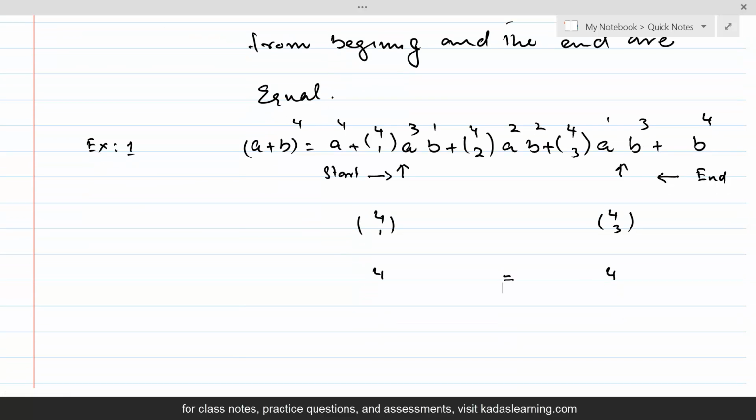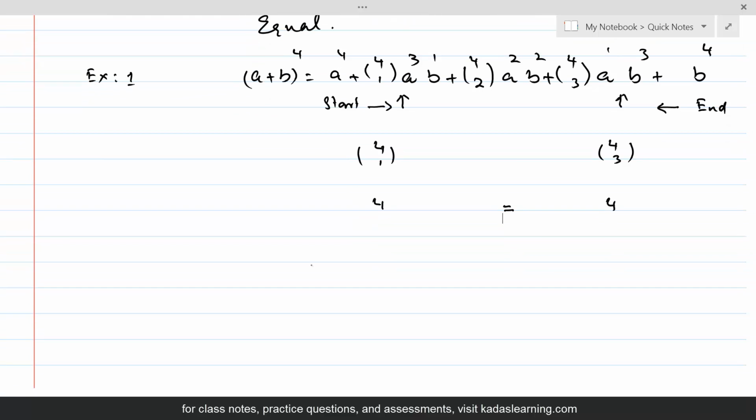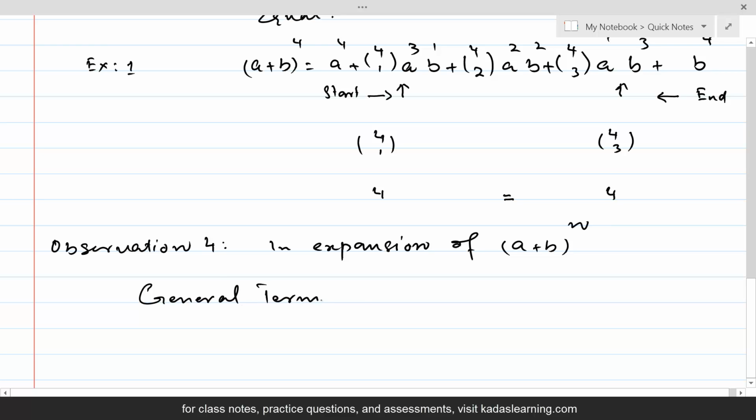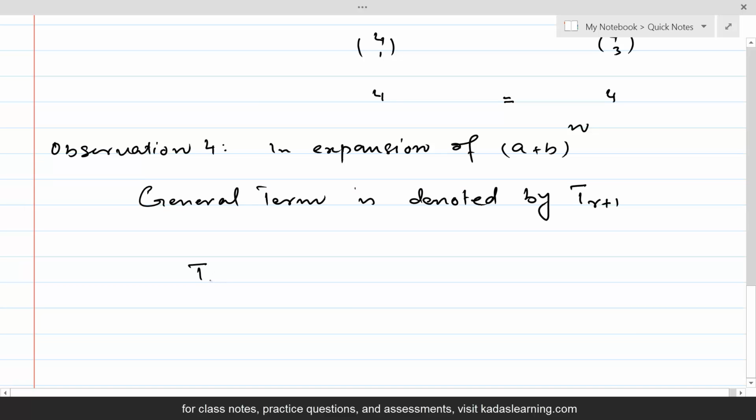And now the next observation, observation number 4. In the expansion of (a plus b) power n, the general term is denoted by T(r plus 1), and T(r plus 1) means the (r plus 1)th term.